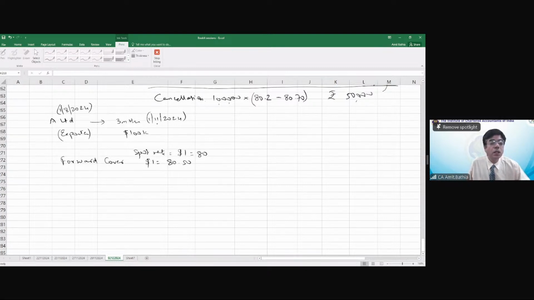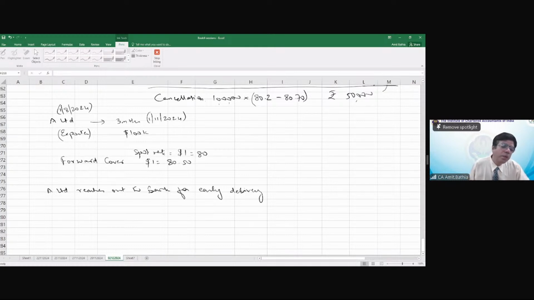Now, in this case, say for example, A Limited reaches out to the bank for early delivery.